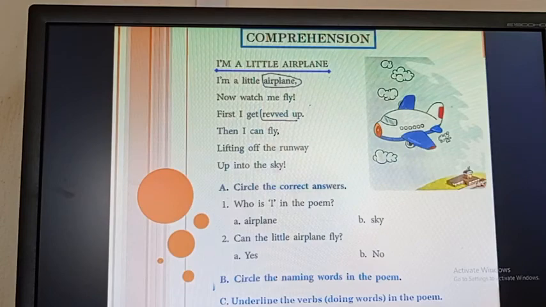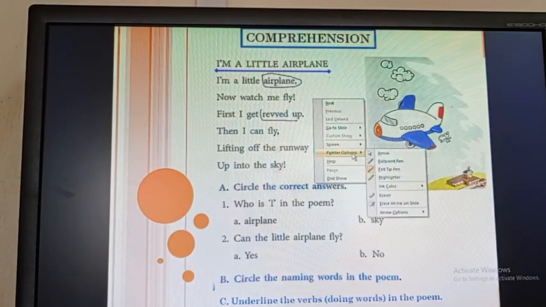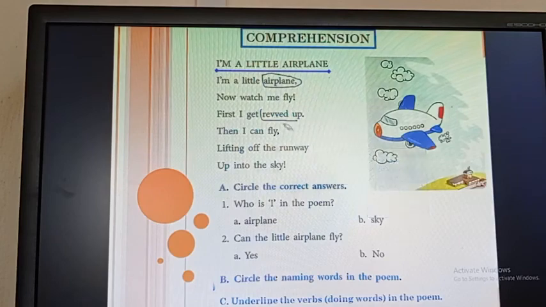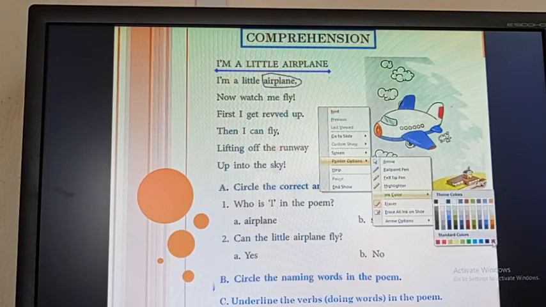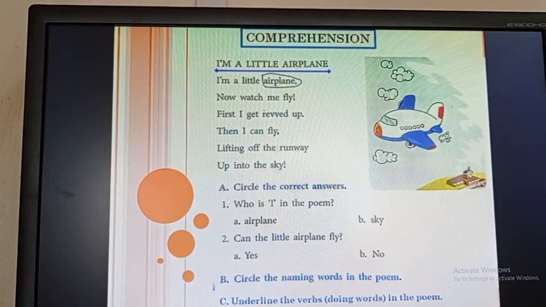Sorry, we'll have to underline. One minute. All right. So we will underline the doing words. Revved up. So revved up is the doing word or verb.